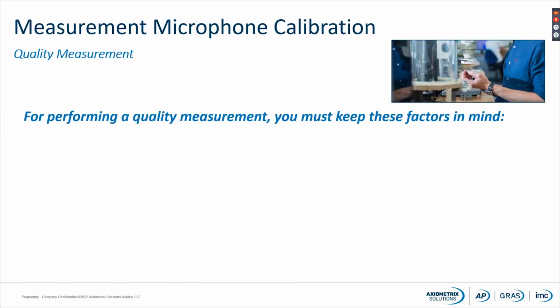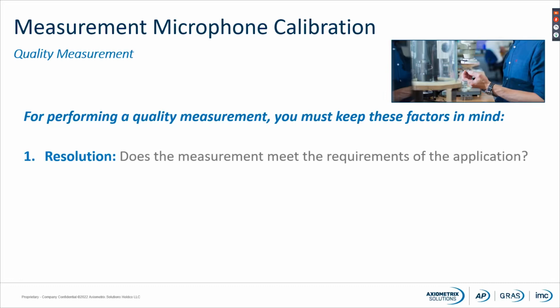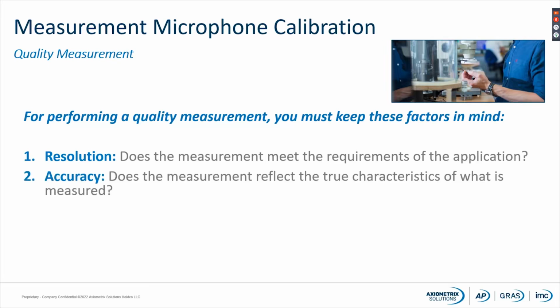Quality in your measurement. For performing a quality measurement, you must keep these factors in mind. First of all, resolution. Does the instrument meet the requirements for the application you would like to measure? Accuracy. Does the measurement reflect the true characteristics of what is measured?